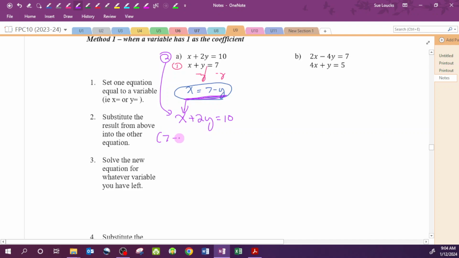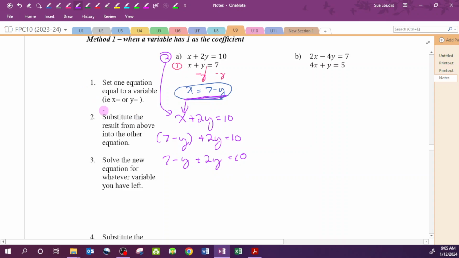It's really good practice to do this with brackets, because sometimes you're multiplying it by something, or subtracting it from something else, and you need those brackets to make sure the signs all work out the right way. Then I'm going to simplify it. So I have 7 minus y plus 2y equals 10.